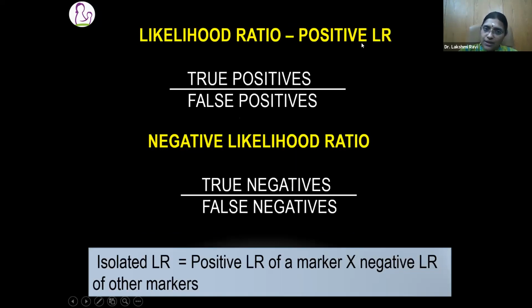So the positive likelihood ratio means true positives by false positives, and the negative likelihood ratio means true negatives by false negatives. The isolated likelihood ratio is nothing but the positive likelihood ratio of a marker multiplied by the negative likelihood ratio of other markers.